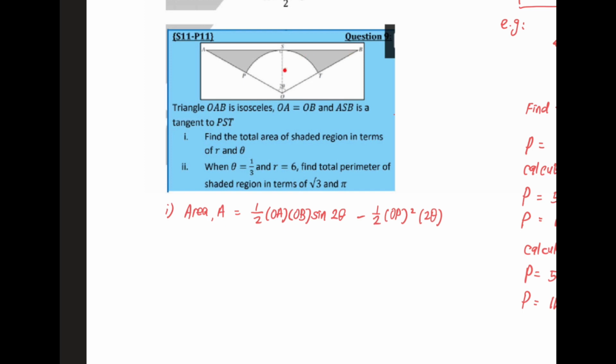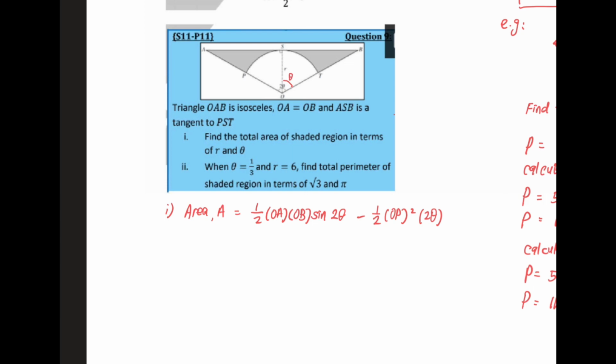Okay, so let's see. They just say it is a tangent. Okay, it is a tangent. AS and B is a tangent, and then an isosceles triangle. So let's see it in this way. This is theta.